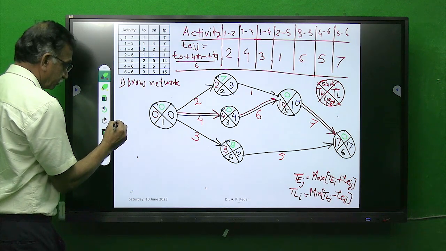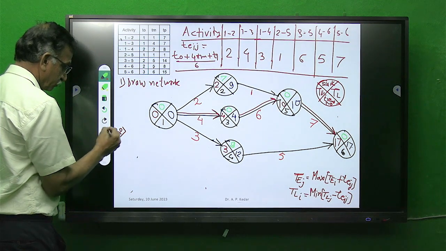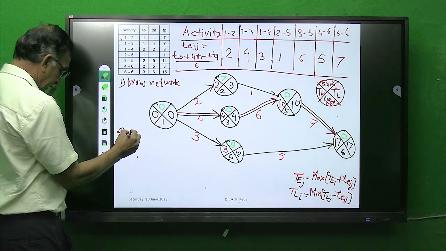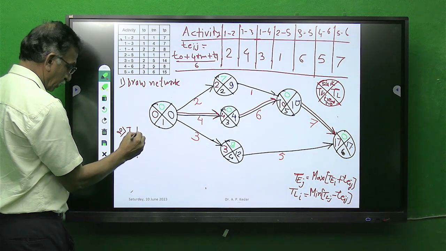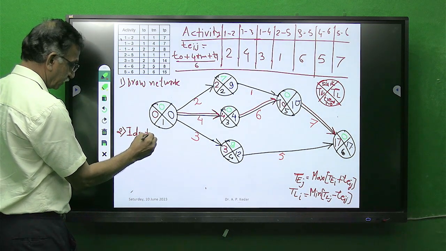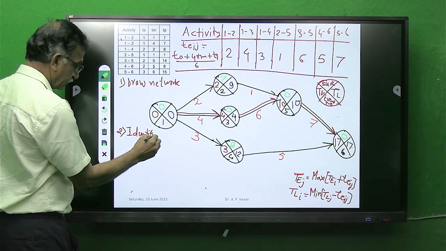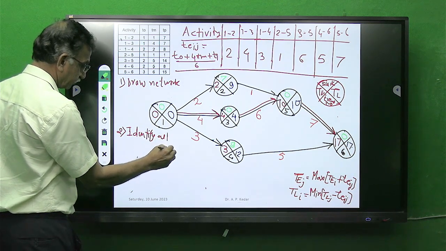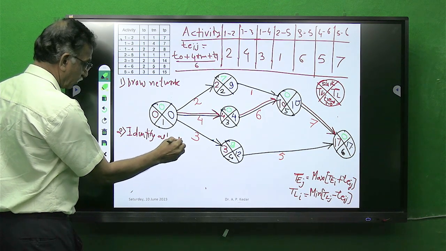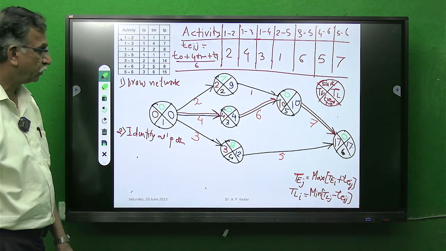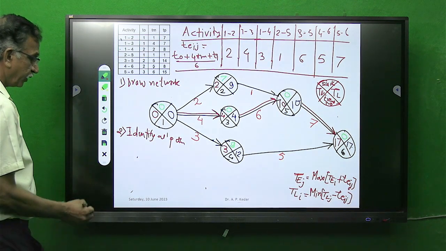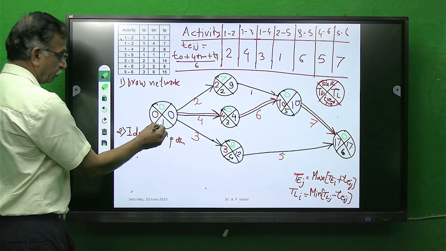Second was identify all paths of the network.